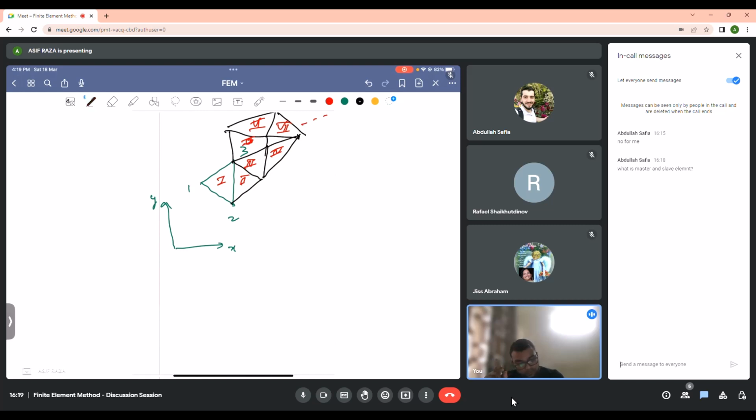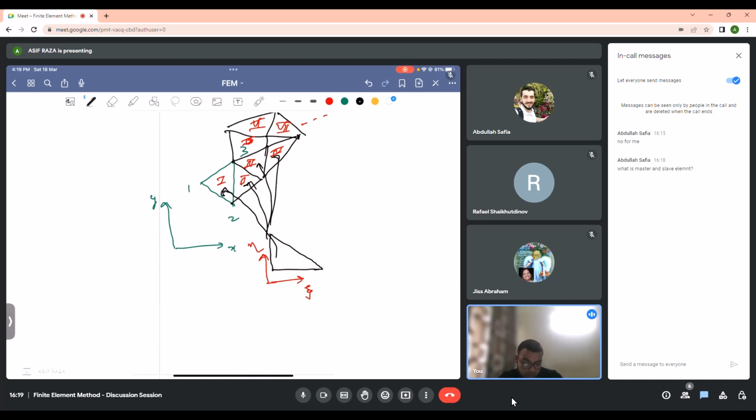We can have one master element like this, with a xi and eta coordinate system, such that it can be used to map each element having different coordinates.